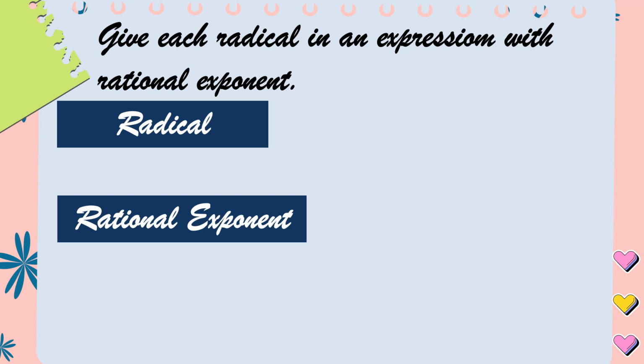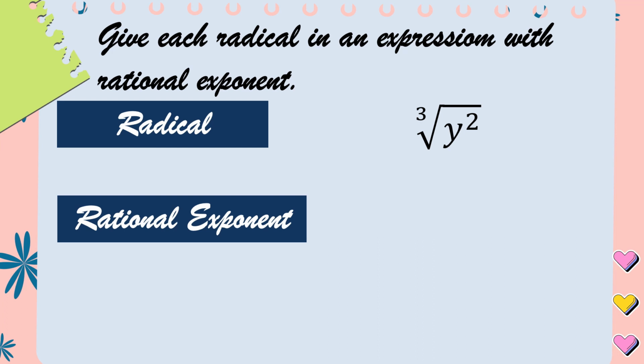Alright, this time we do the reverse. The given now is the radical form, and we have to write that in an expression with rational exponents. Say for example, cube root of y raised to 2. How do we write the given in an expression with rational exponent?